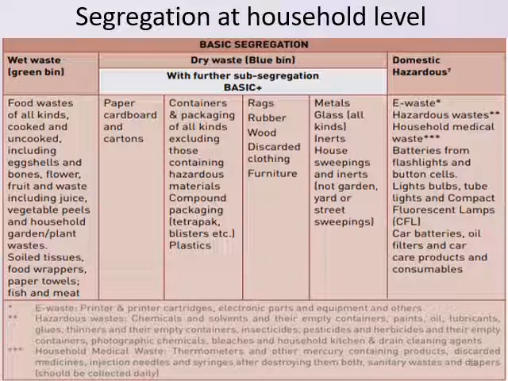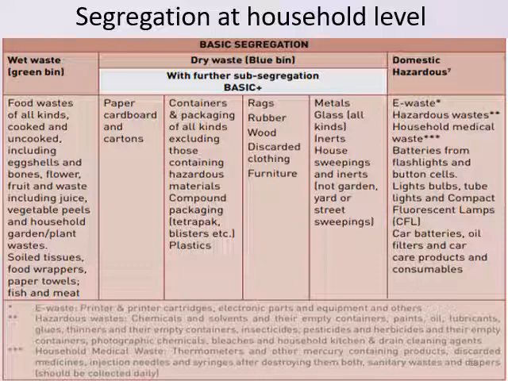And in the dry waste, sub-segregation can also be done: paper, cardboard, cartons, containers, packaging materials of all kinds including hazardous waste, rags, rubber, wood, discarded clothes, furniture, metal and glass, all kinds of inert.